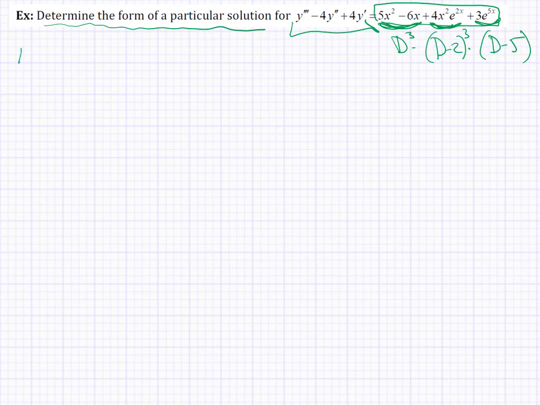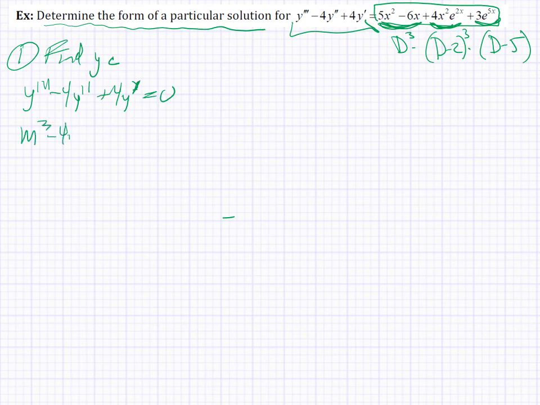If we look at first our step 1, which is find our y sub c, we would have y triple prime minus 4y double prime plus 4y prime equals 0. So m cubed minus 4m squared plus 4m equals 0. Factor out an m.